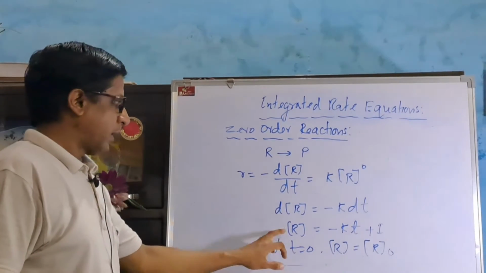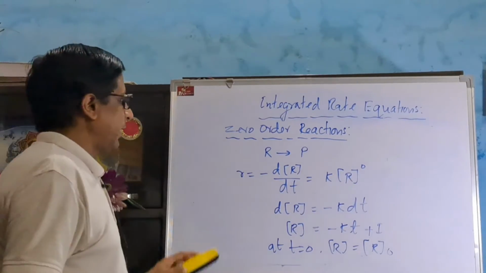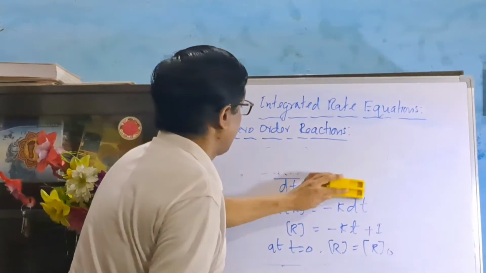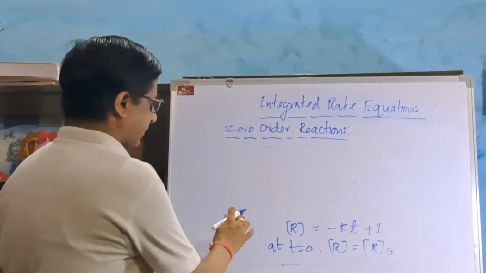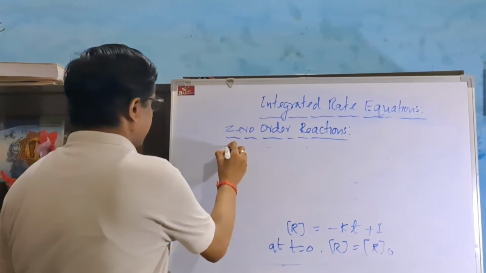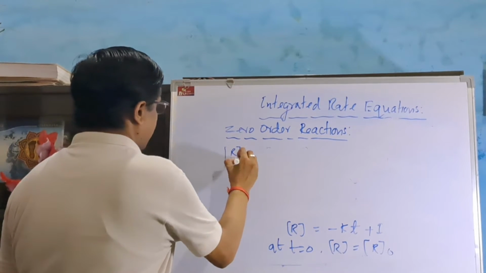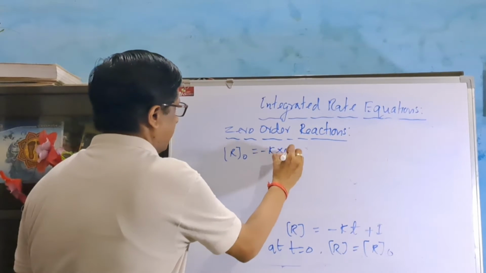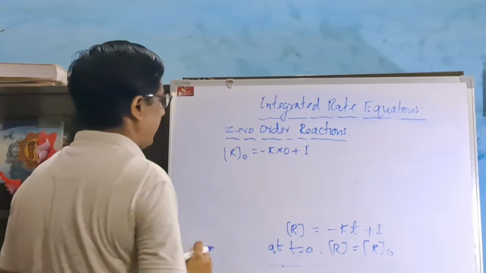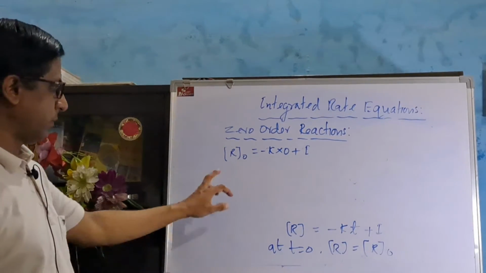If we apply initial conditions into this equation, we obtain R0 is equal to minus k into 0 plus I. Therefore, I is equal to R0.